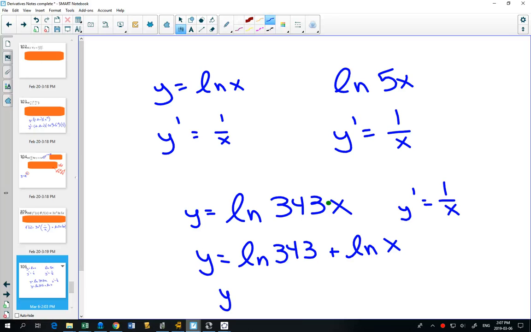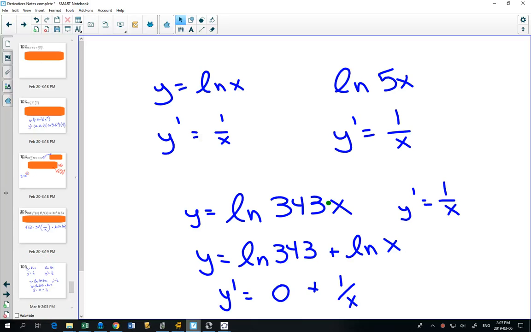What's the derivative of a number? 0. Plus, what's the derivative of natural log of x? 1 over x. So there's another way to explain why, when I had the natural log of 5x, the 5's canceled out and it was the same. But again, it's a good thing to help us think about our log laws and remember them. Oh wait, that was exciting.